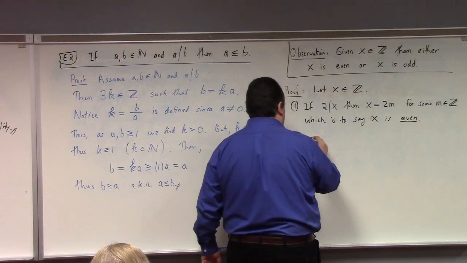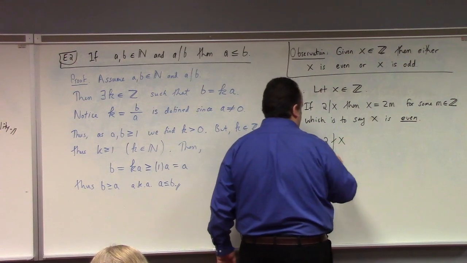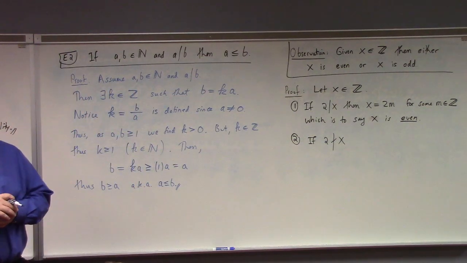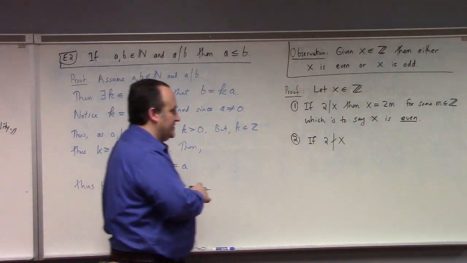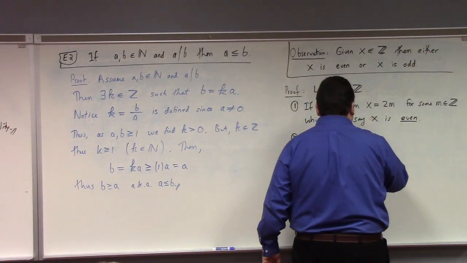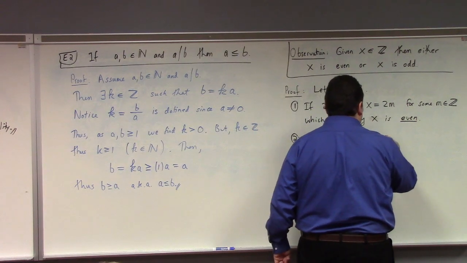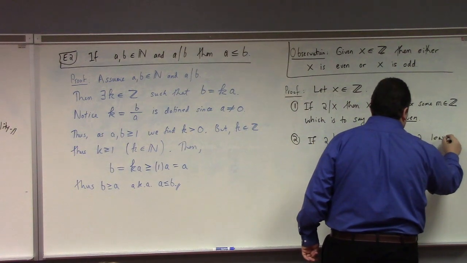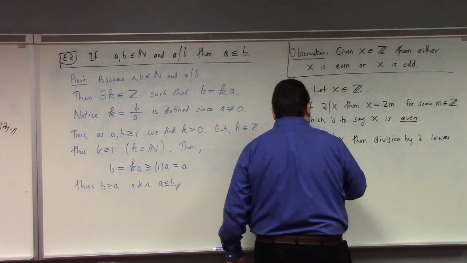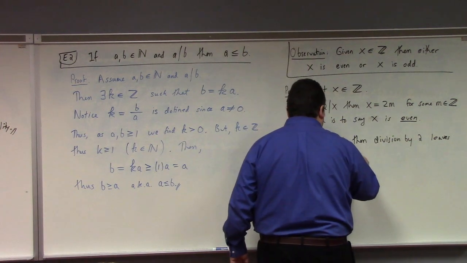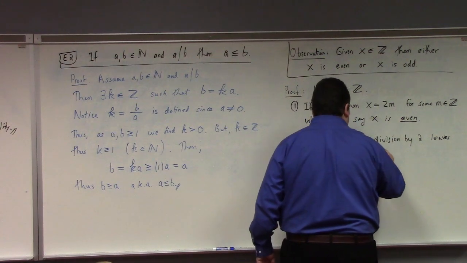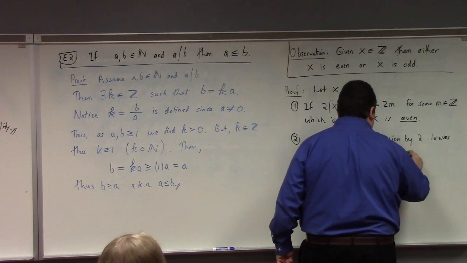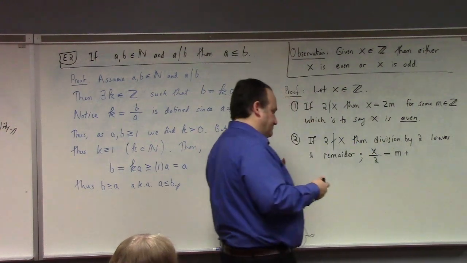Option 2. If 2 does not divide x, this is the symbol for does not divide, the straight line with a cross through it. If 2 does not divide x, then division by 2 leaves a remainder, which is to say, if I take x divided by 2, I could write it as some number m plus, what does the remainder have to be?